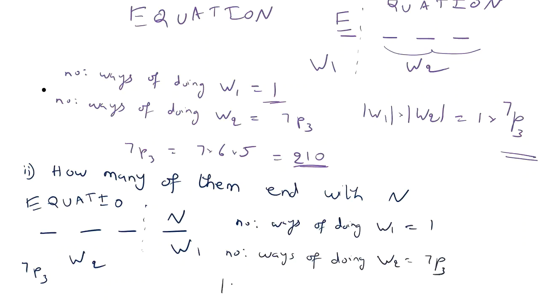So the number of ways of completing the task is equal to the number of ways of doing W1 times the number of ways of doing W2, which is equal to 1 times 7P3, which is equal to 7P3. The number of words that begin with E is 7P3, which is equal to 210, and the number of words which end with N is equal to 7P3, which is also equal to 210.